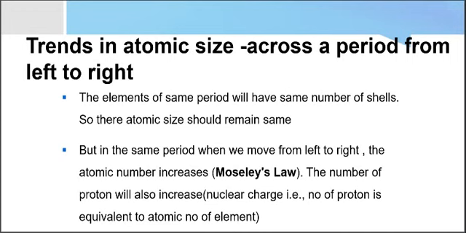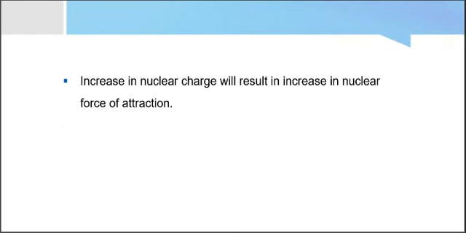So the atomic size will decrease, the atomic radius will decrease, because although they are in the same period and they have the same number of shells, as we move from left to right, the atomic number will increase, the number of protons will increase, the nuclear force of attraction will increase, resulting in decreased atomic radii.